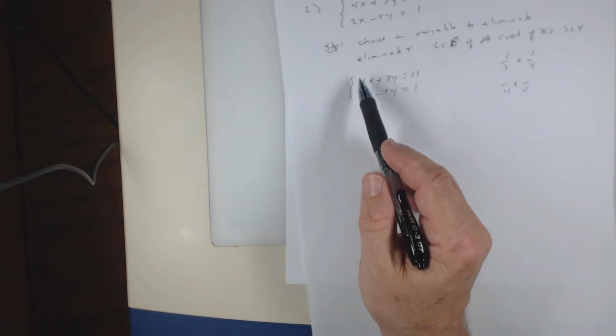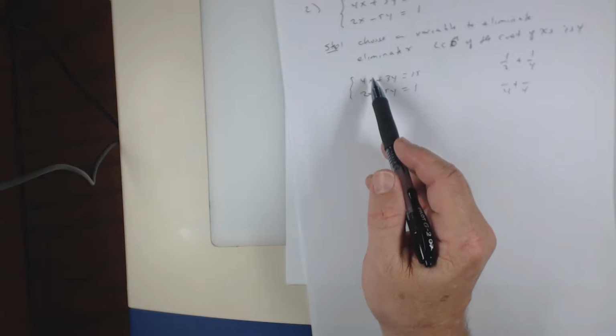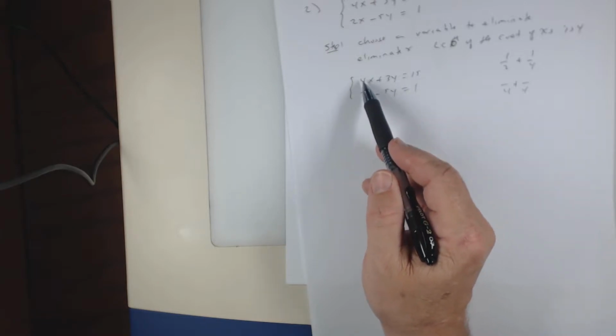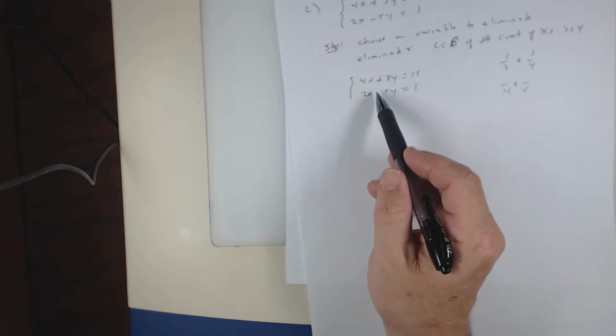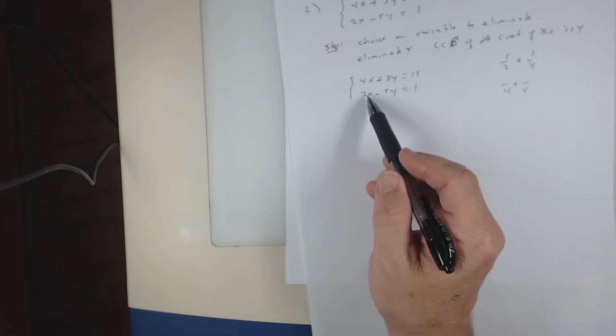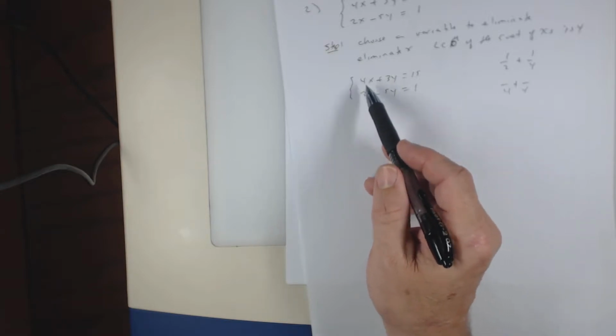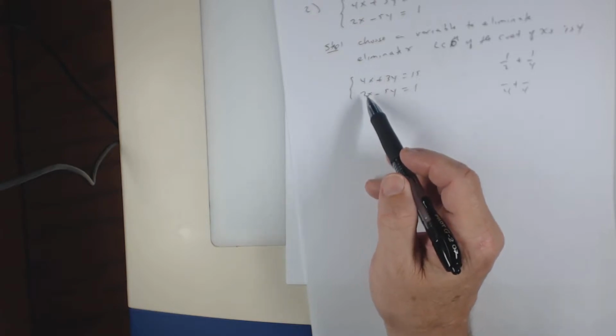Well, look at this. This is already a 4. Leave this equation alone, because this already has a 4x. I need this coefficient to be a -4.